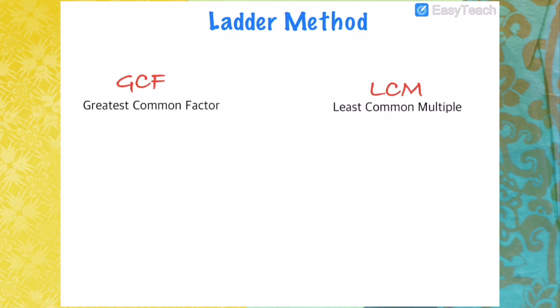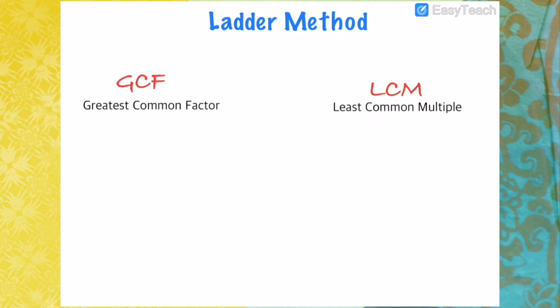However, prime factorization tree is commonly used if you would want to know the prime factors of a given number. But if you're given two or more numbers to solve, ladder method would be an easier way to use in finding GCF and LCM.